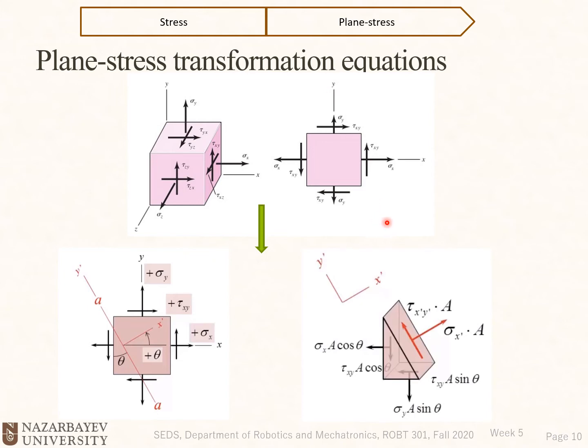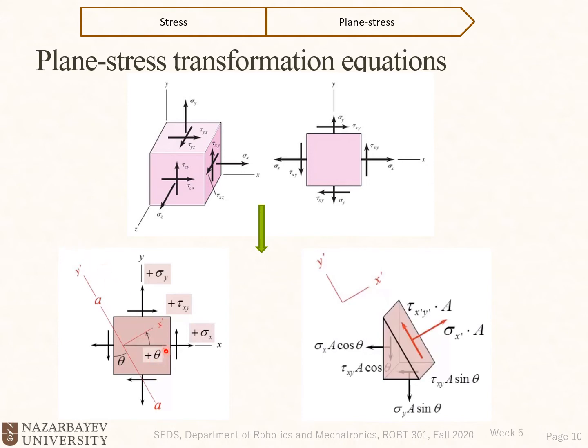Now imagine that we choose a different coordinate system, a random different coordinate system, not really a specific one. So we just rotate our coordinate system from xy to x prime, y prime. Now I have the x prime, y prime coordinate system, and we want to calculate the stresses on this new coordinate system.